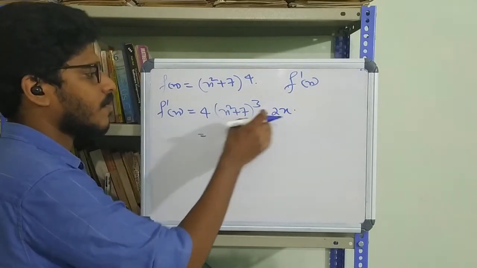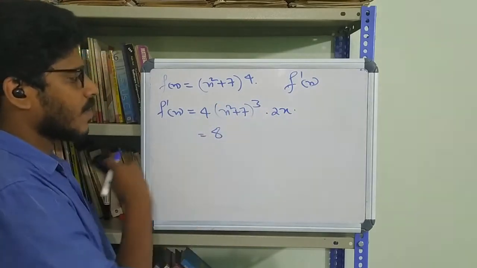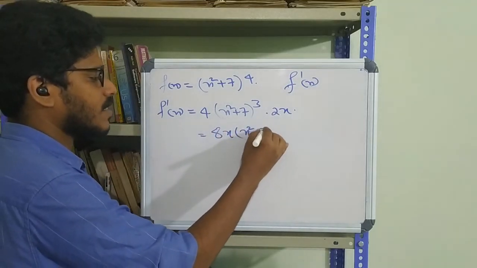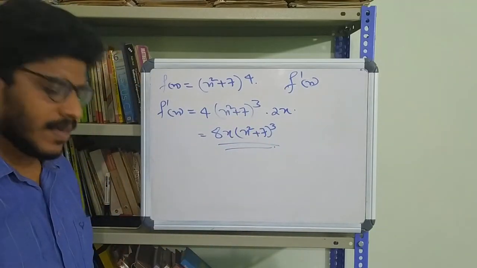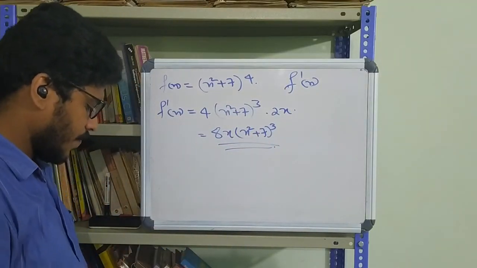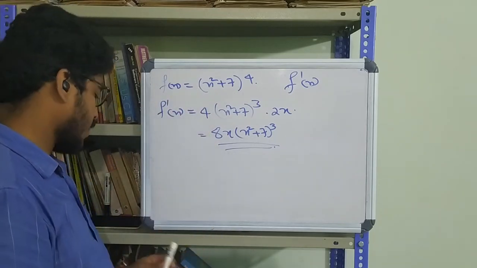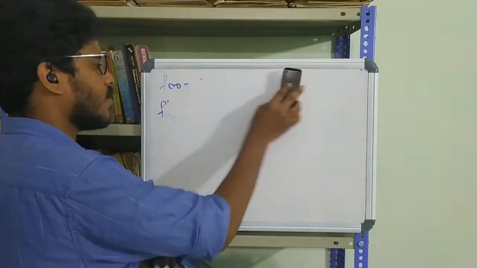So that is 2 into 4, 8x into (x square plus 7) whole cube. We need not simplify this anymore. So this is the derivative of f of x equal to (x square plus 7) all raised to 4, and this is how we use the generalized power function rule.